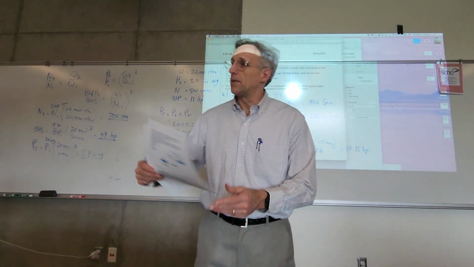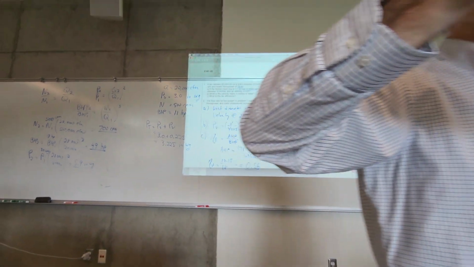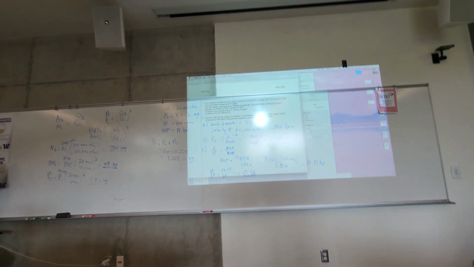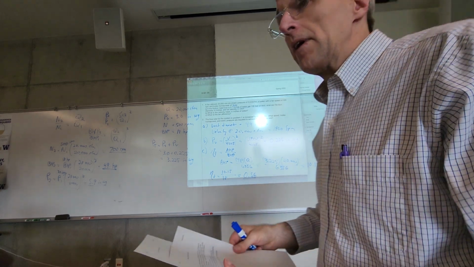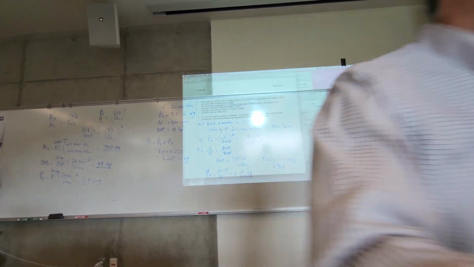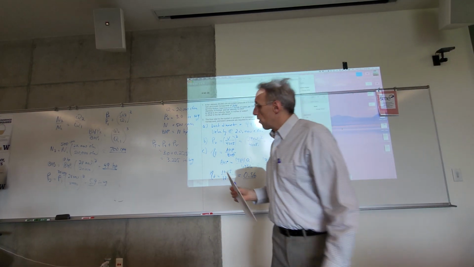Does anybody need a sheet from last time that has the water distribution examples? The first one I need to work manually on the board here.